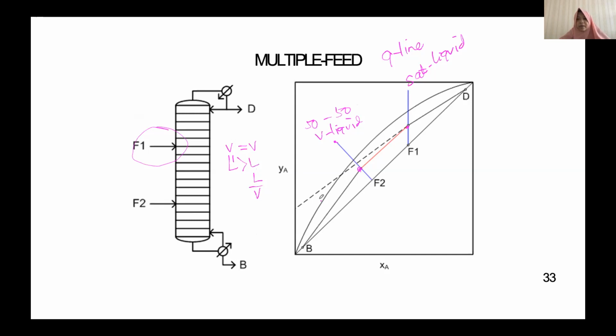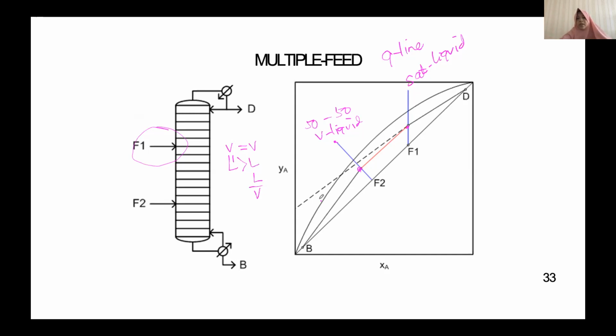This type of question may be asked in question number 2 about the additional assessment. So for example, what happens if we add multiple feed? What happens to the equilibrium stage, for example, or what happens if we add a side stream, we put a side stream to withdraw some of the product?